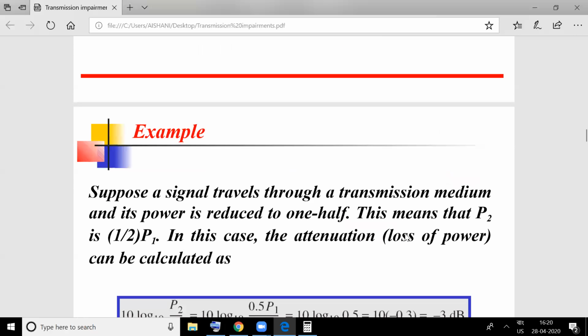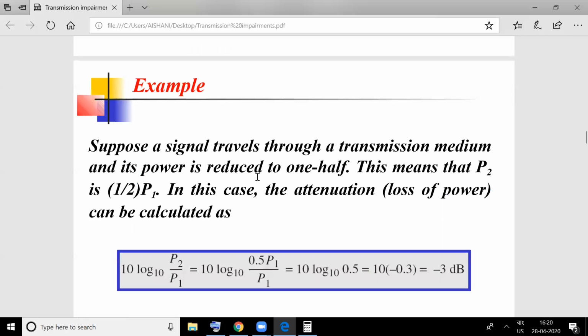Now directly go to the example. Suppose a signal travels through a transmission media and its power is reduced to 1/2. That means P2 becomes half of P1, or we can say P2 is 0.5 P1. Now we put the values in the formula: 10 log10 of 0.5 P1 by P1.